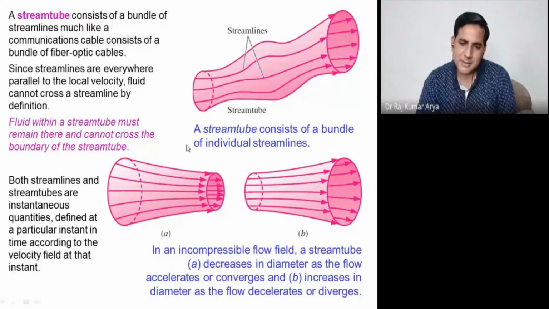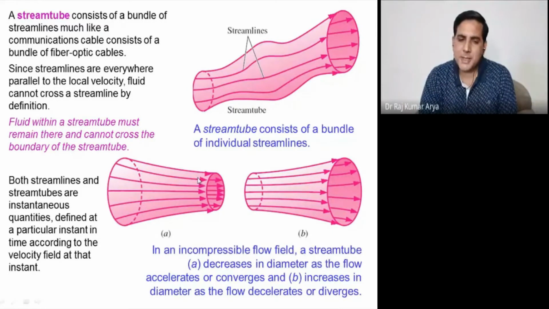Just like in this particular case, this is the broad cross section, and here the streamlines are far away. At this particular part they are close by, but even though they are not intersecting the path of each other. Okay, so streamlines always move parallel to each other.